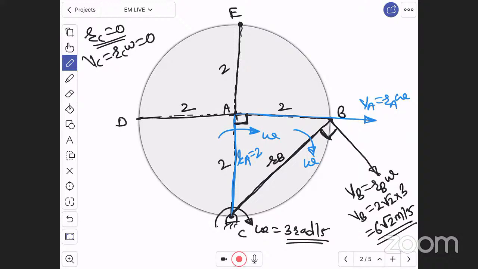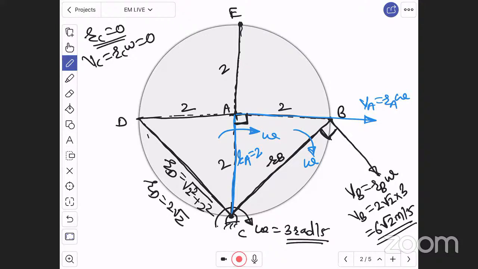Let us go for point D. The radius of D from C: join C with D, then this is the radius of D. As per Pythagoras theorem, it is 2 square plus 2 square. Therefore, radius of D will be 2 root 2.